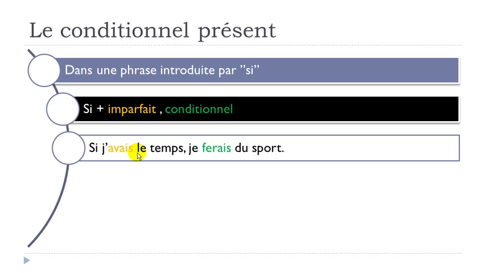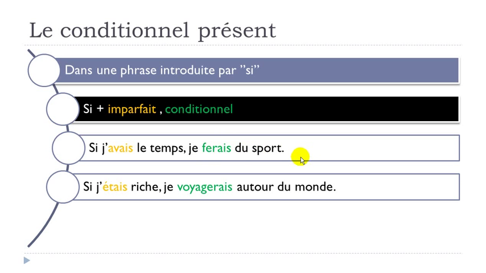Okay, so let's take one example. Si j'avais le temps, je ferais du sport. Okay, so si j'avais le temps, so if I had, it's the same in English. You put this I had. Si j'avais le temps, so time, je ferais. Remember, it was faire, to do, but then at the conditionnel form, du sport. Okay. Another example. Si j'étais riche, so riche, rich, étais, it's to be, remember.